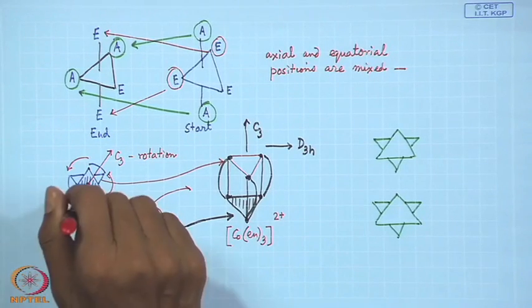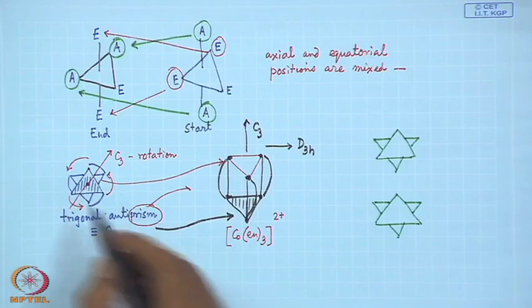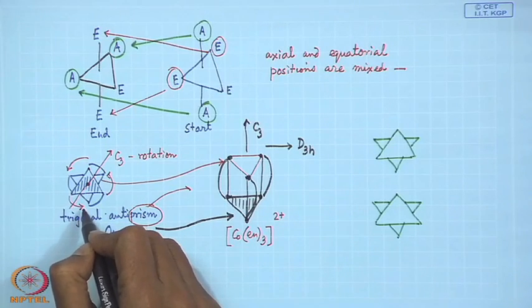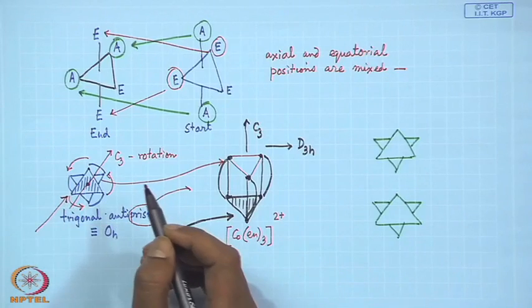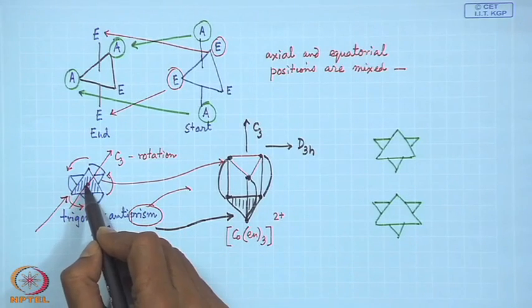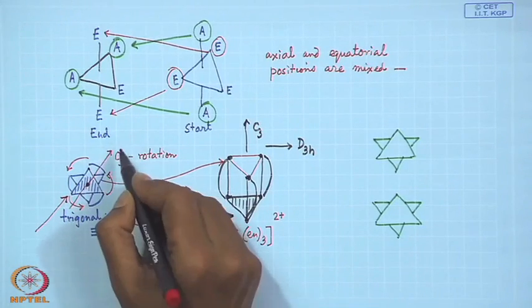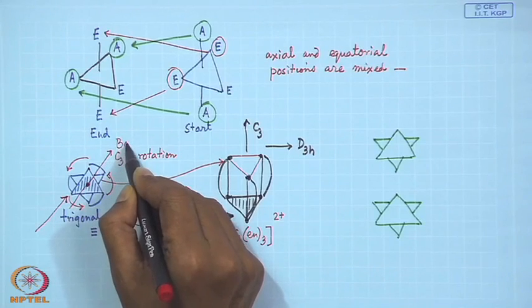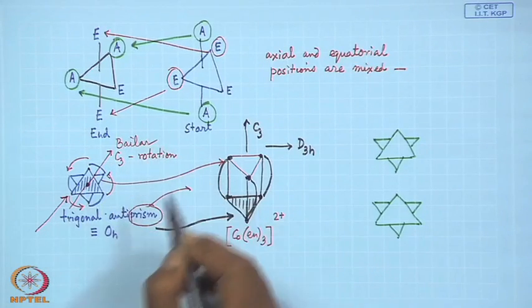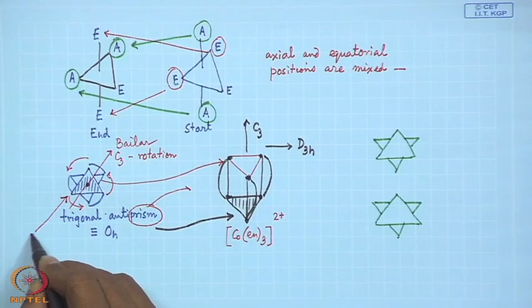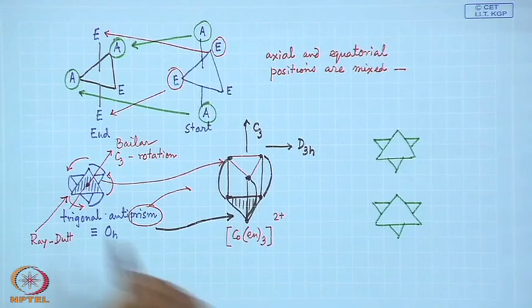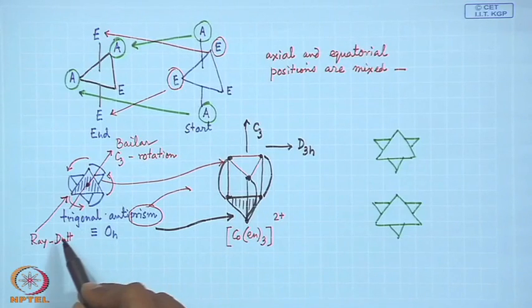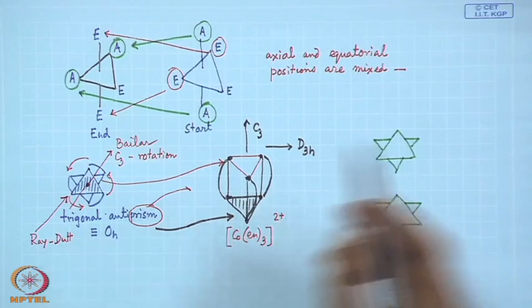This is not perpendicular to this plane, because we can have other C3 axes, and along these other C3 axes we get the other twist. So, this is the Bailar twist, and from the other axis we get the corresponding Ray-Dutt twist, which is equally probable for the twisting.